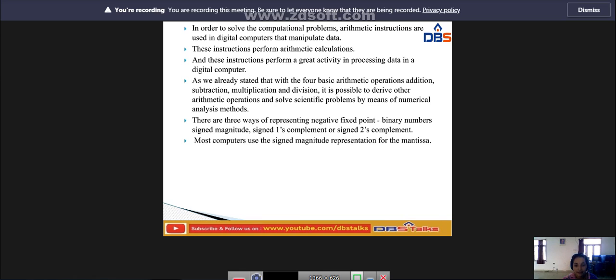So negative numbers may be signed magnitude or signed complement representation. So there are 3 ways for representing the negative fixed point: binary numbers signed magnitude, signed 1's complement, or signed 2's complement. Most computers use the signed magnitude representation for the mantissa. Okay, so this is the introduction of computer arithmetic.